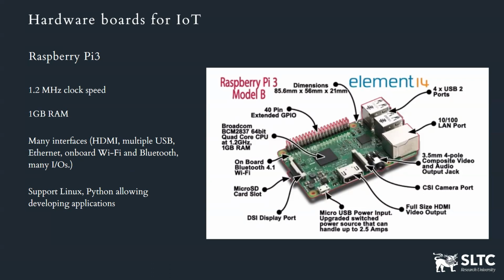So most of the input port types are enabled in this Raspberry Pi. When we are developing code for the Raspberry Pi, we can develop it using Python or C++ languages. It also supports Linux. So I think it is a very programmable microcontroller board.